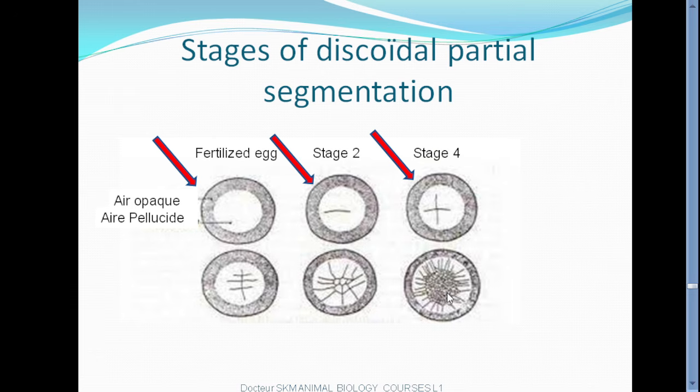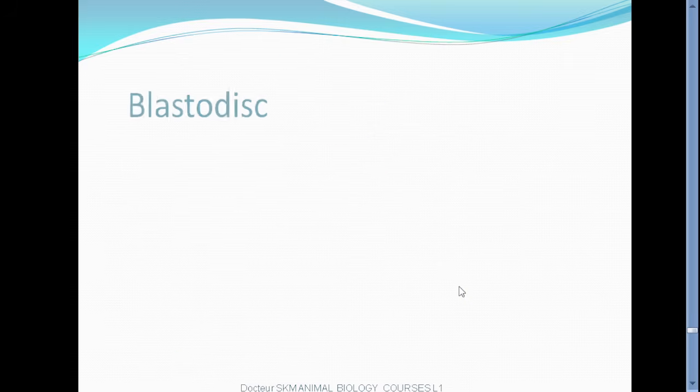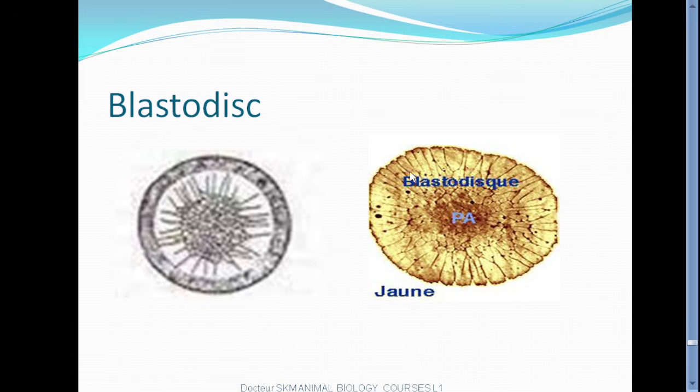So here the stage 2, the stage 4, the stage 8, the stage 16, and then at the end of the segmentation we obtain a blastodisc. When we observe the blastodisc in microscopy, it looks like this, and it marks the end of the segmentation.